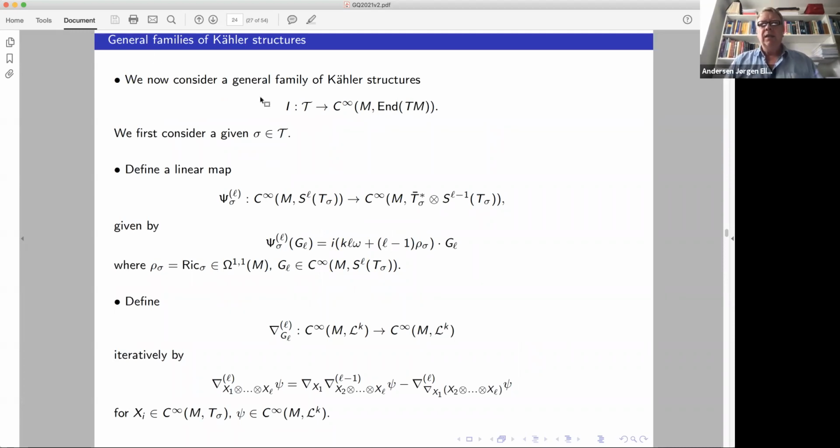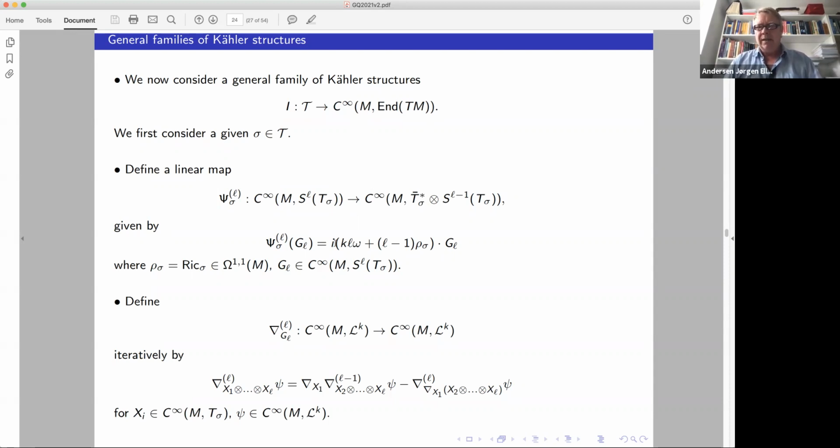So I have again a general family of Kähler structures. What I'm going to consider is the following linear map. It maps symmetric tensors of degree L to degree L minus 1, but then it tensors on this the anti-holomorphic cotangent bundle. It's an extremely natural map.